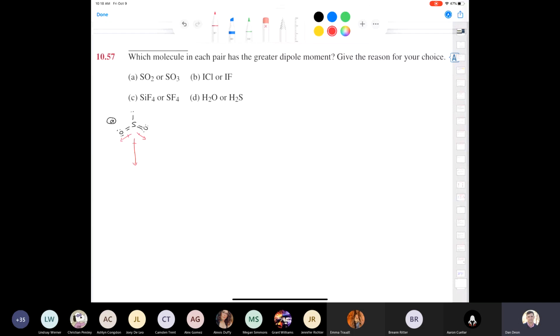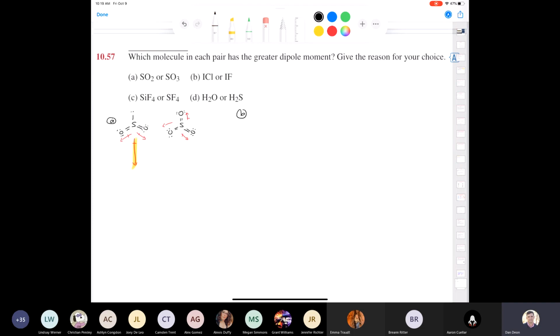SO3, on the other hand, sulfur trioxide, has a Lewis structure that looks like this. There are 3 dipoles, but since the molecular geometry is trigonal planar, all 3 of those dipoles cancel. And so the most polar molecule is going to be SO2.